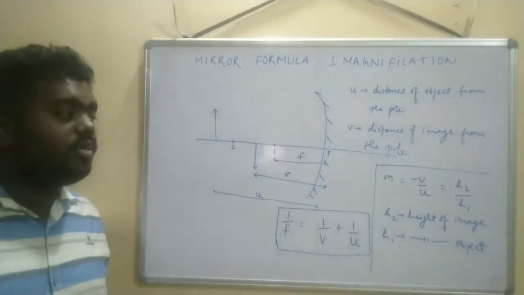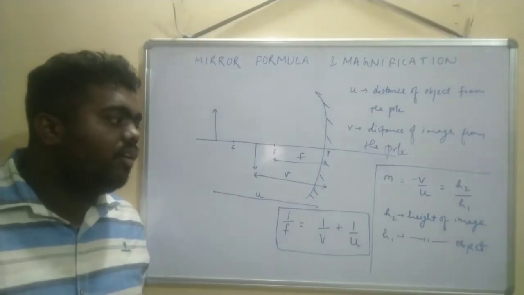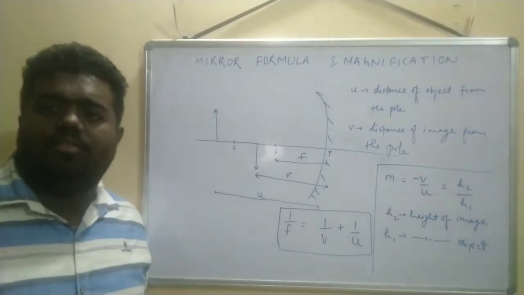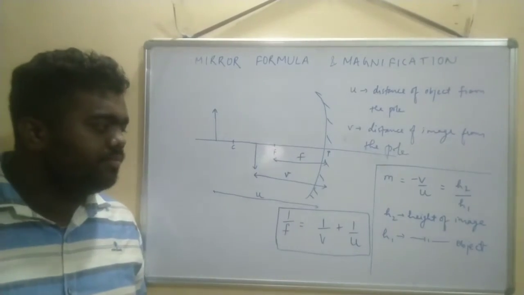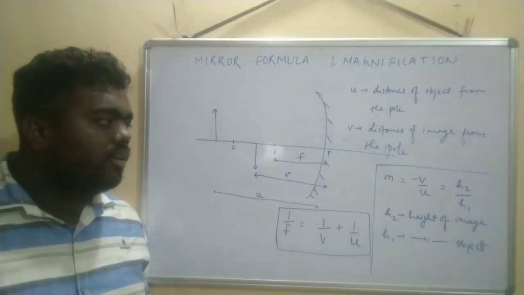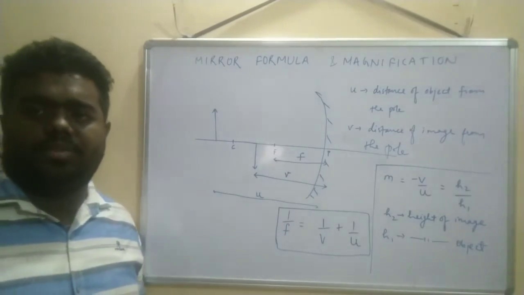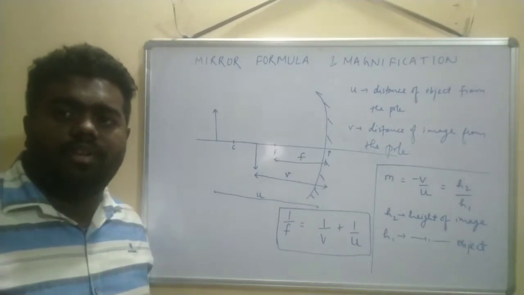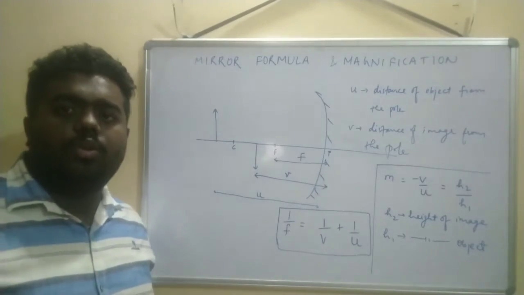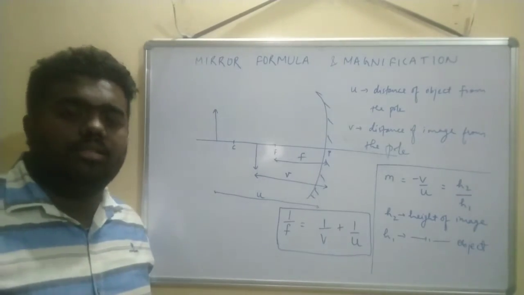This formula is necessary to calculate the height or the magnification. From the height we can tell how much it got magnified, how much bigger it became. Now in the numericals you can also see the ray diagrams, at the end it will say draw the ray diagram for the above condition. So you should remember the ray diagrams also, which were in our previous class.